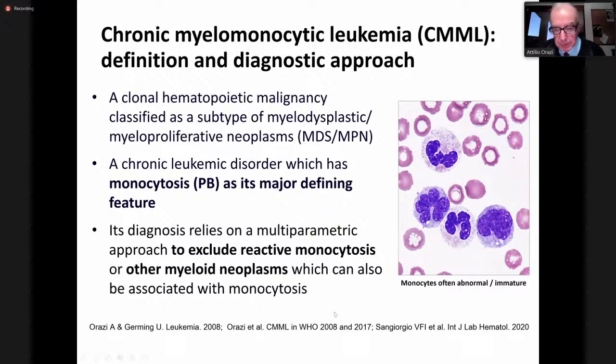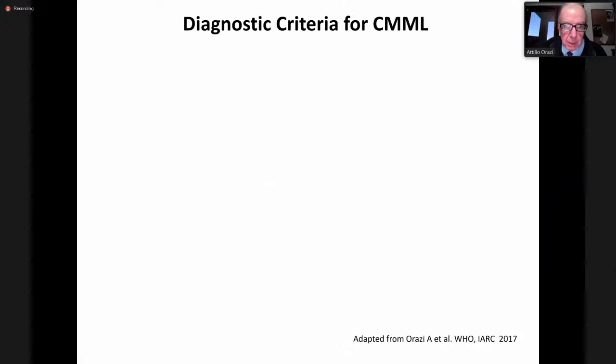Once you have excluded this, you have to exclude other myeloid neoplasms, which can also be associated with monocytosis. So it's a combination of things that goes along the way, and you have to do the due diligence.